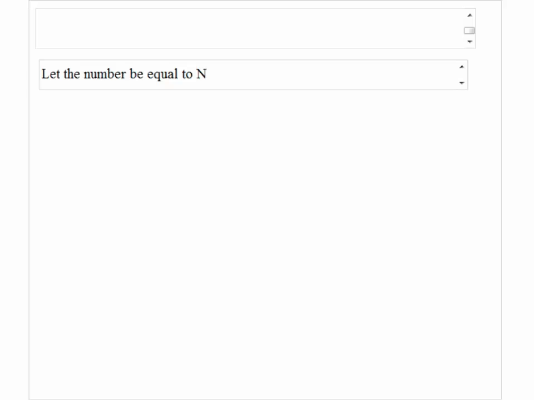Then 5 times the sum of a number and 2. So the sum of the number and 2 would be n plus 2. 5 times that would be 5 times n plus 2.